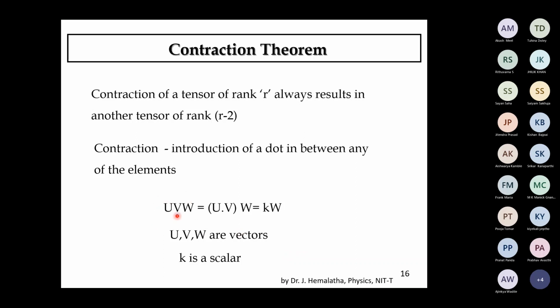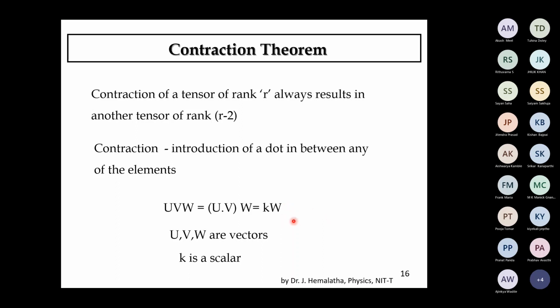So on the left-hand side, 1 plus 1 plus 1, you have rank 3. But after incorporating this contraction, after incorporating the dot product, it has become W. Or after multiplying this K inside, it is going to be some vector. A vector is nothing but a tensor of order 1.